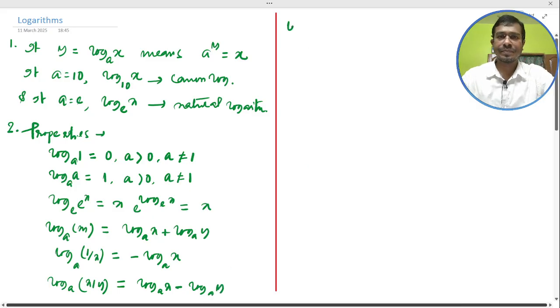Next, log of x to the power y is equal to y log x. Very important property: the change of base rule.